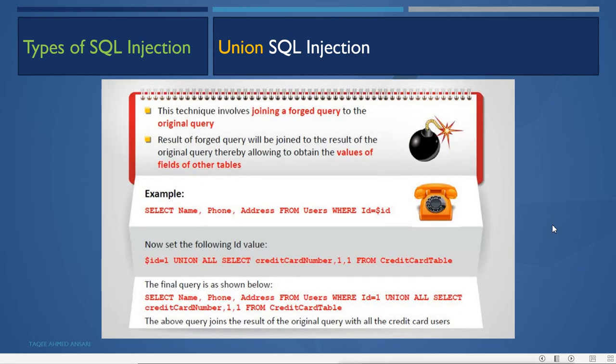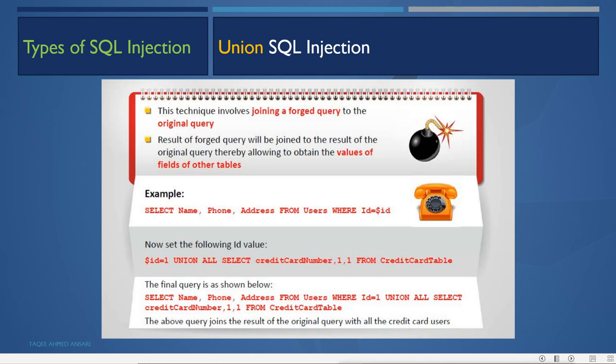Union SQL injection: this technique involves joining a forged query to the original query. Union means joining two queries. So the result of the forged query will be joined to the result of the original query, thereby allowing us to obtain the values of fields of other tables.